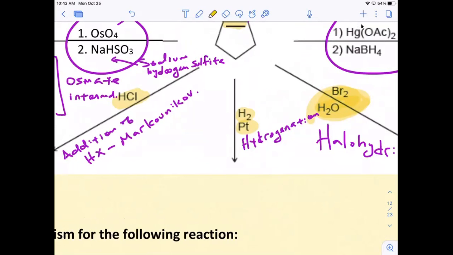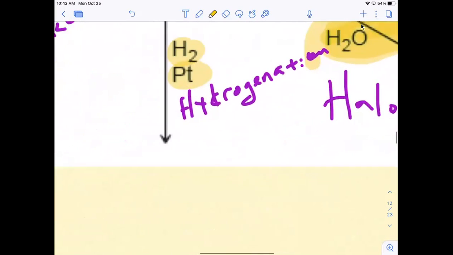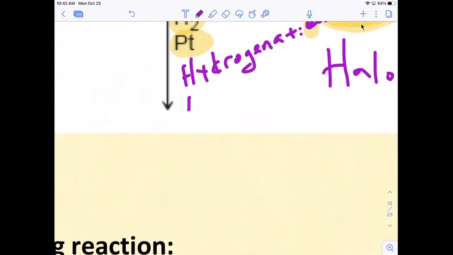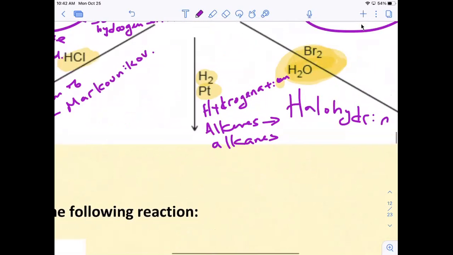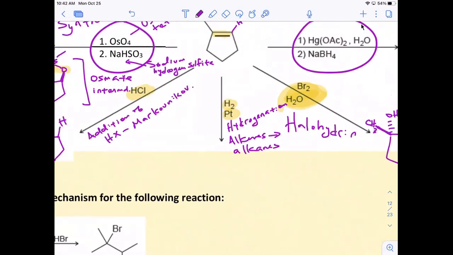But the outcome of the reaction is very simple. This is a way to convert alkenes into alkanes. What's an alkane? Anybody? Single chain. Yeah, all single bonds.